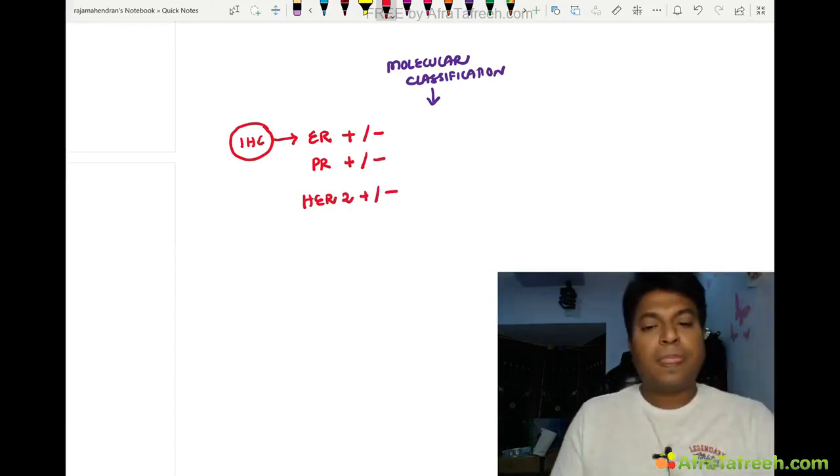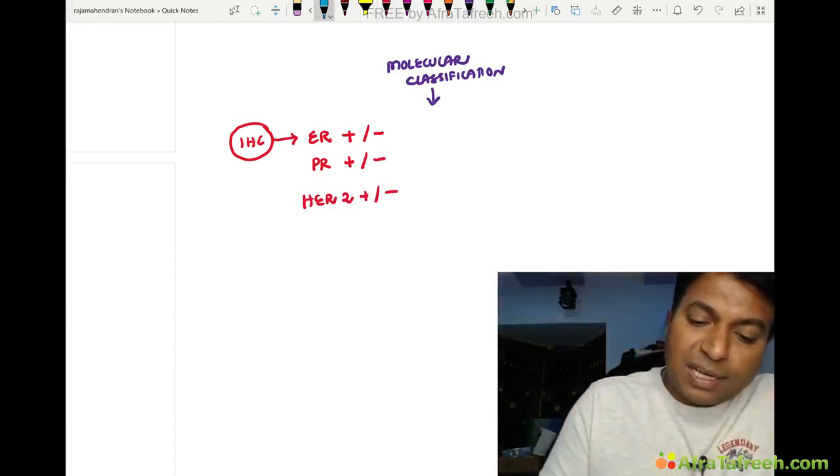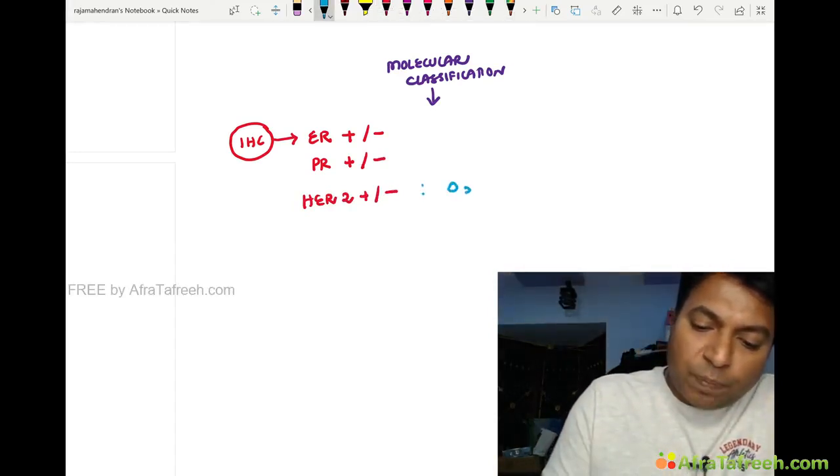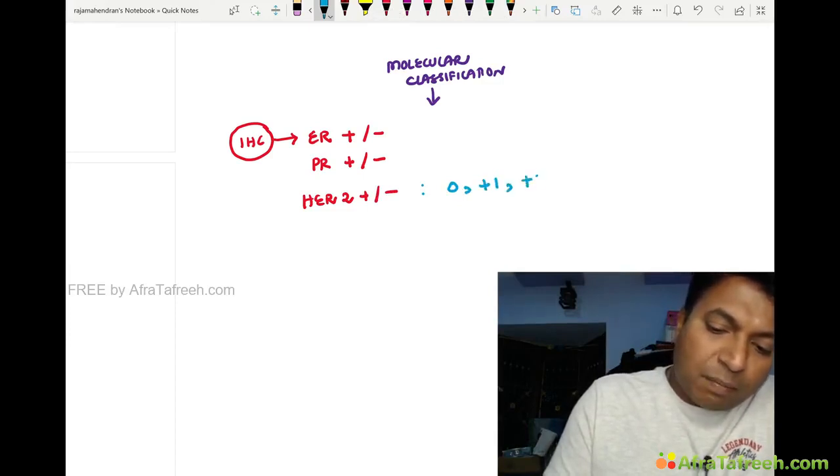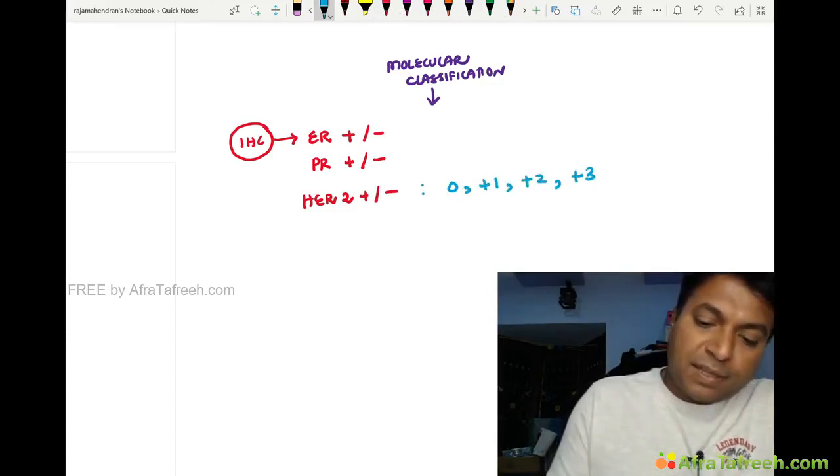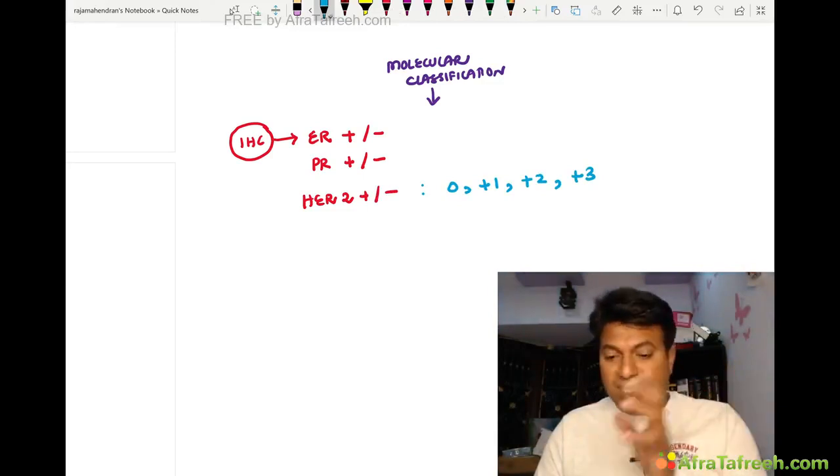The problem is the HER2 result is obtained as 0, +1, +2, +3. They don't give it as positive or negative.